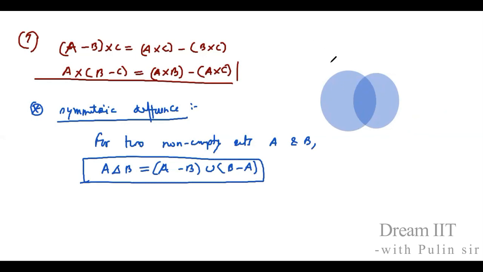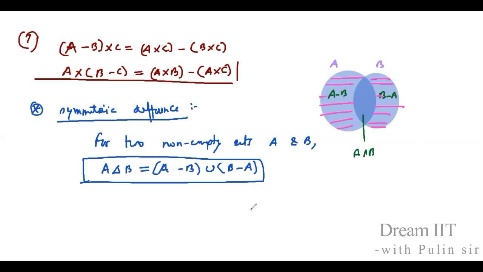So now, if I name this as A, this as B, then this particular portion is A minus B, this particular portion is B minus A, and that was A intersection B. So if you shade only this part and this part, the union of these, this is known as the symmetric difference. So from the figure itself, try to see once.